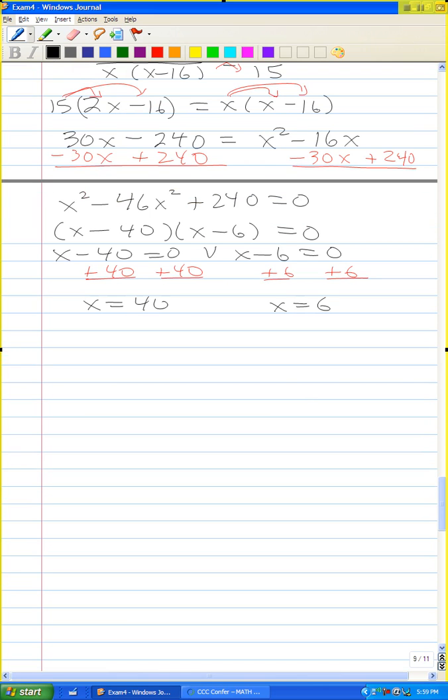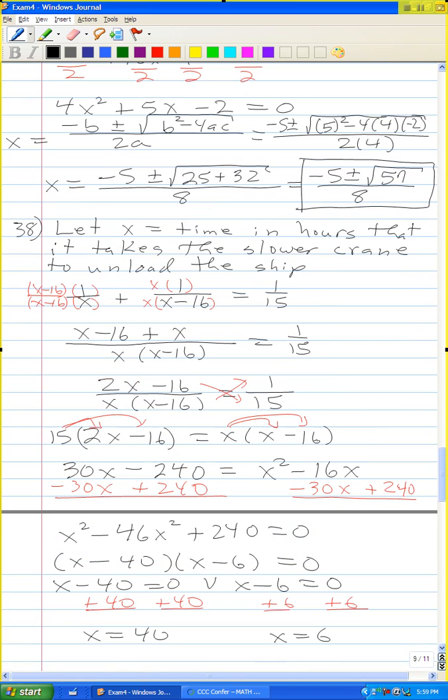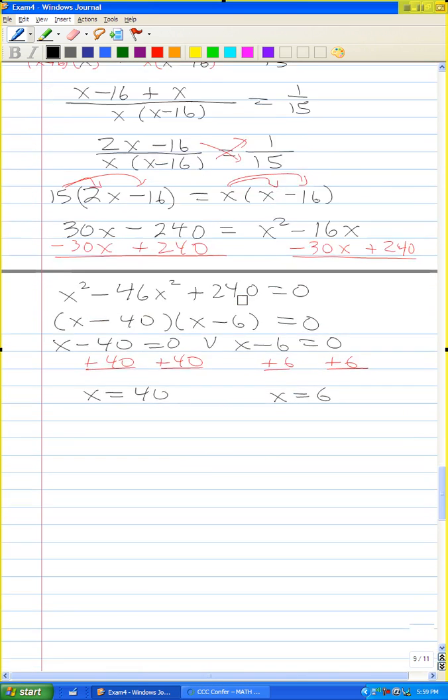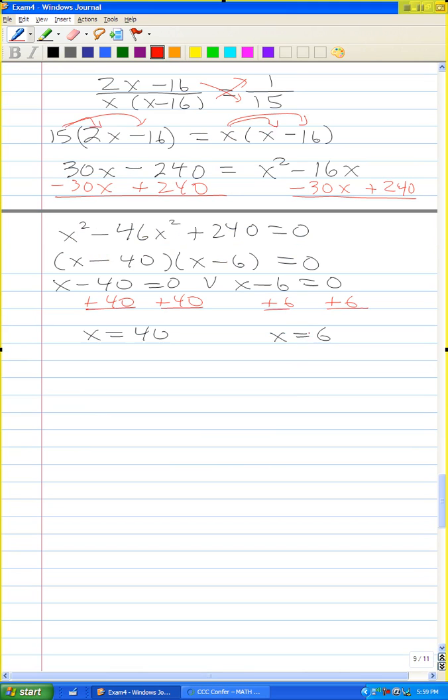You can't have 6 hours, because if you had 6 hours as being the slower crane, then the faster crane would be 6 minus 16, a negative 10. And so that's a contradiction. So you can't have that. You can't have it unloaded in negative 10 hours. So the other crane will unload it in x minus 16 hours.